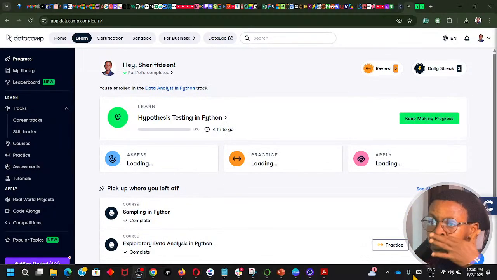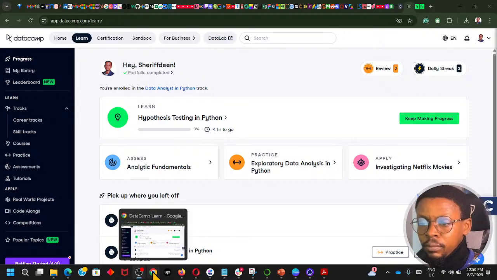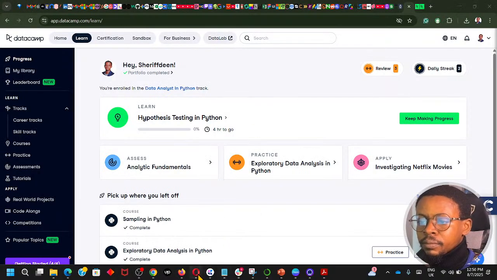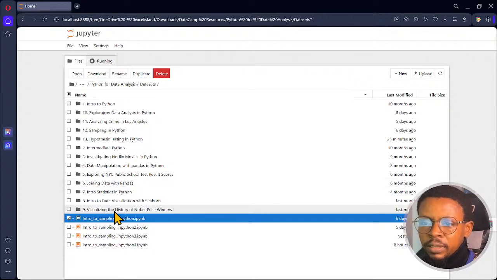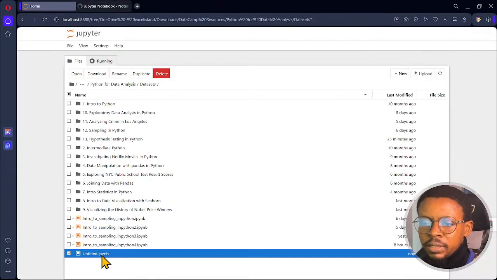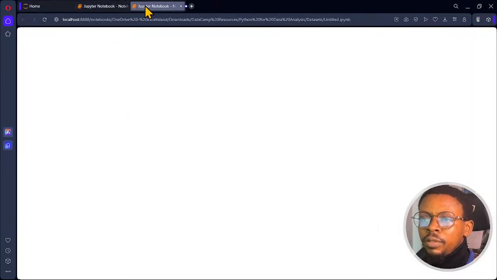So without further ado, let's get started on hypothesis testing. Okay, let's create a new Python file for hypothesis testing in Python. You need Jupyter notebook rather.